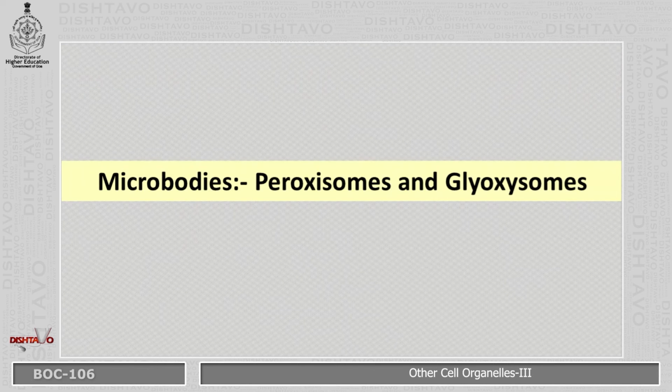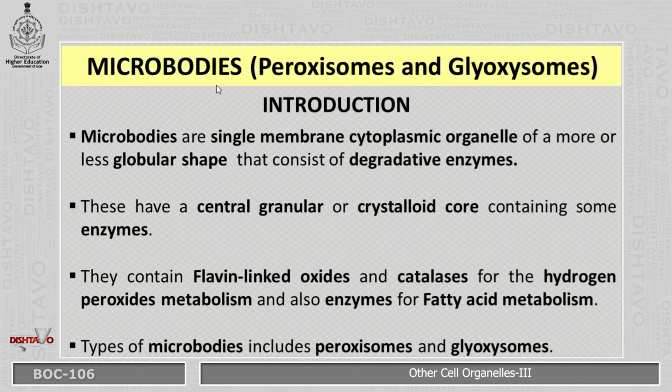Let us see the microbodies. There are two types, peroxisomes and glyoxysomes. Introduction. Microbodies are single membrane cytoplasmic organelles of a more or less globular shape that consist of degradative enzymes.